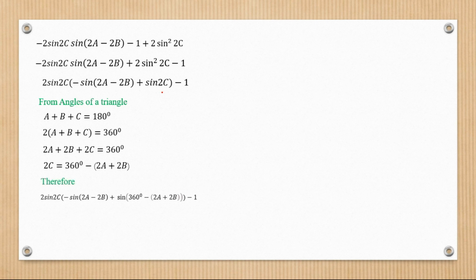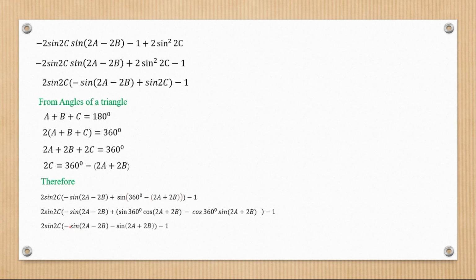Substituting this where we have 2C, and applying the rules of compound angles, this expands to that, of which sin 360 is 0, so this disappears, and cos 360 is positive 1. So we end up having negative sin (2A plus 2B).